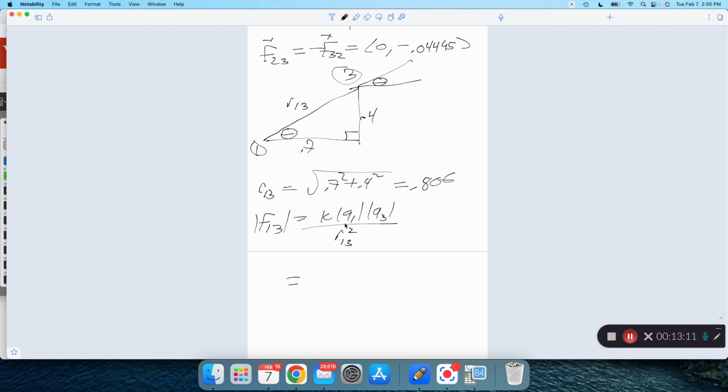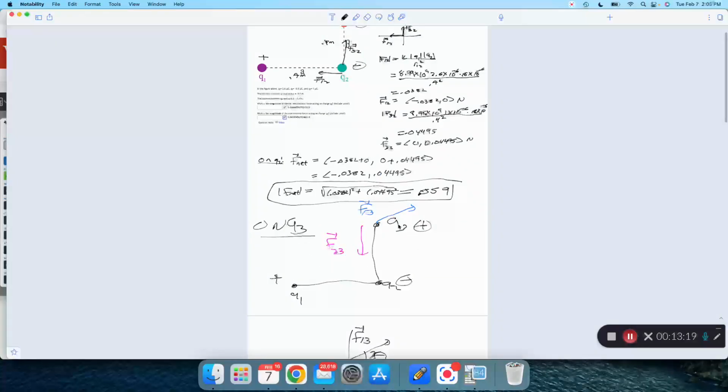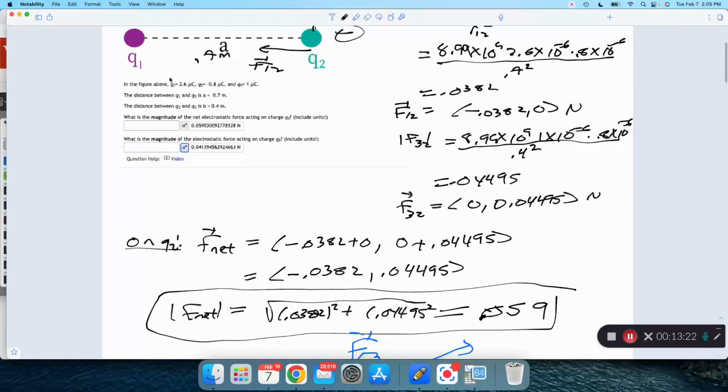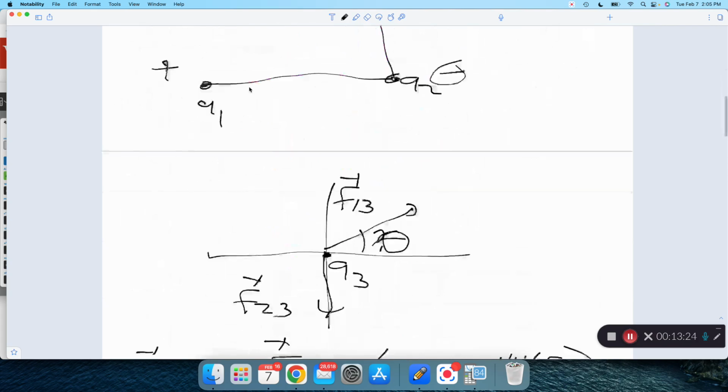So again, whoever wrote this problem probably used 9 times 10 to the 9th. That's usually good enough. Q1 is 2.6, Q3 was 1.